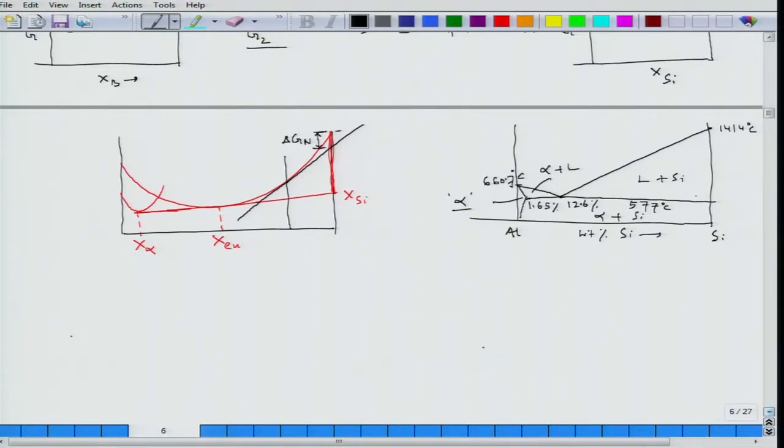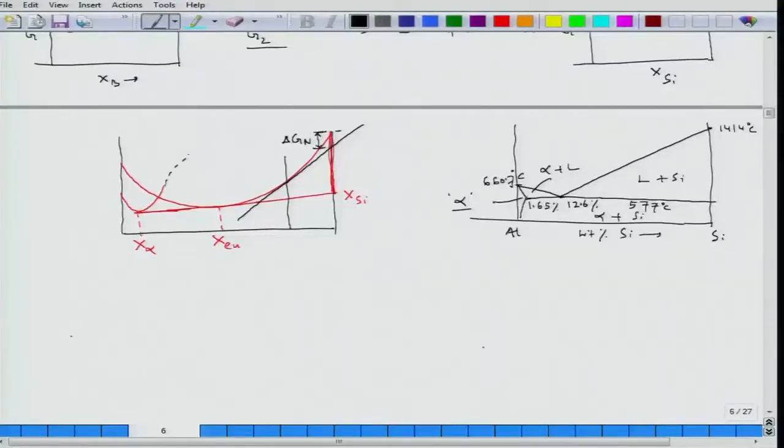Now, what I mean to say is that if the crystal structures are different for the phases in equilibrium, the free energy line will not be continuous, because this line is not going to match with the silicon line. One arbitrary situation could be like this.